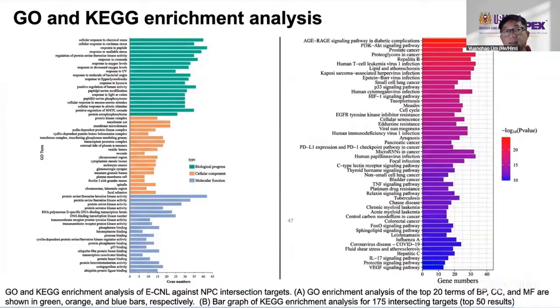This multi-target characteristic is one of the major advantages of natural products compared with conventional single-target drugs. And the KEGG pathway analysis provides another level of biological interpretation, where several important pathways involved in cancer progression, apoptosis, inflammation, and cell survival were significantly enriched.